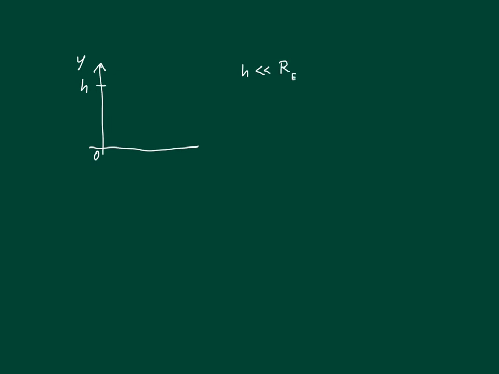And the second approximation is that the mass of the object which we let fall to the ground, say we have here the mass m and we let it fall, and it's accelerated by the standard gravity g, has to be also much smaller than the mass of the Earth.